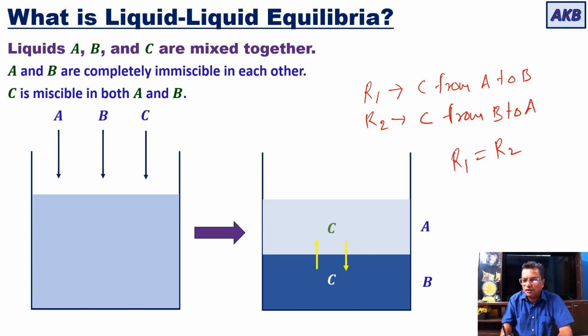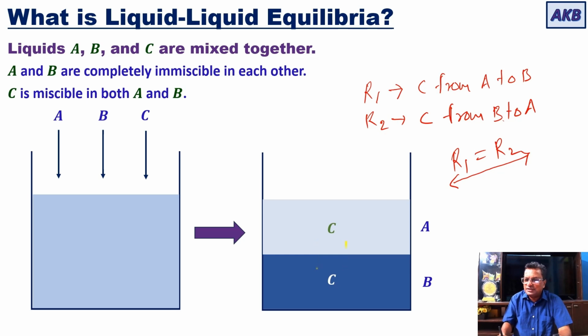That is, the rate at which C moves from A to B becomes equal to the rate at which it moves from B to A. So when such a situation is reached, we say that the two liquid phases are in equilibrium.